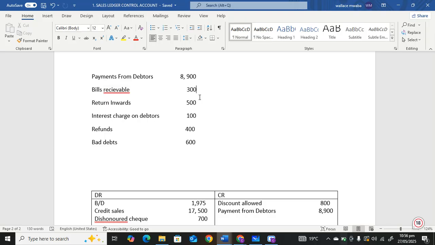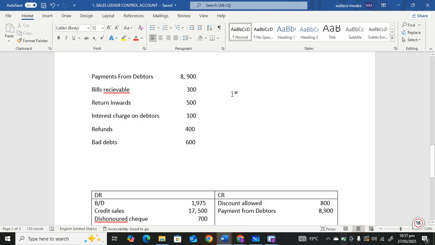So it's also taken as a payment. Now, instead of receiving cash or a check, you're receiving this promissory note. So this promissory note is taken as legal tender. So it's like a payment. So the way you treat cash or check or bank or a payment from a debtor, that's how you also treat bills receivable.